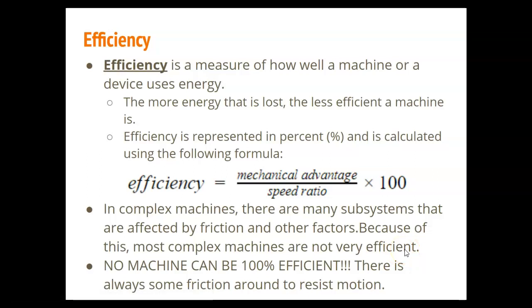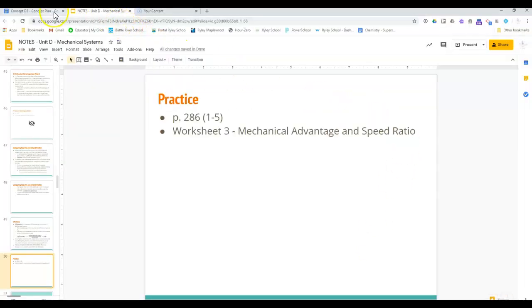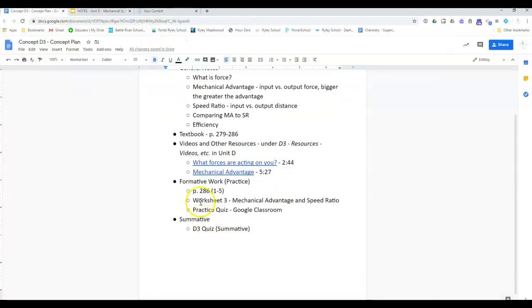So that is it for this concept and the stuff that you guys need to know. I'm just going to bounce back to this screen and remind you that you've got some formative work you can work on. There are the questions on page 286, and then there will be a worksheet in the Google Classroom under Unit D, Resources, Notes, and Worksheets.